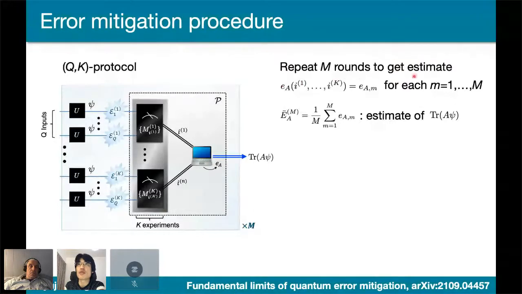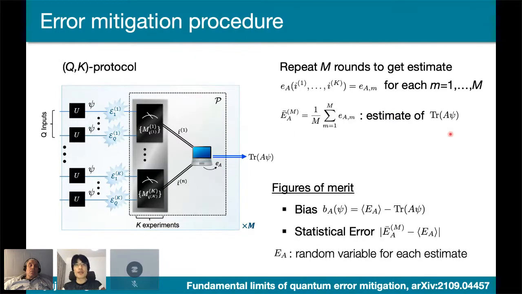So repeat M rounds to get the set of estimates from small m is 1 to large M. So suppose that this EAM is the classical single shot estimation for the small m-th round of the protocol, and so I take the expected value of such a random variable after this large M repetitions of such rounds. So this is my estimate for this expectation value of trace A psi.